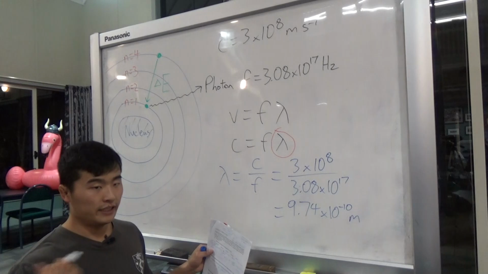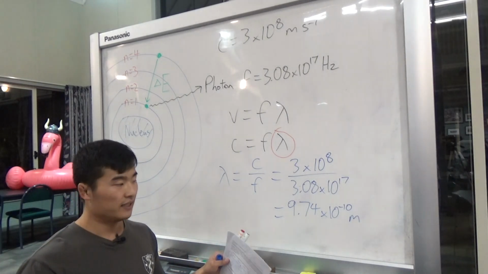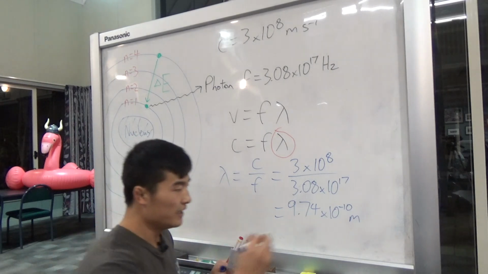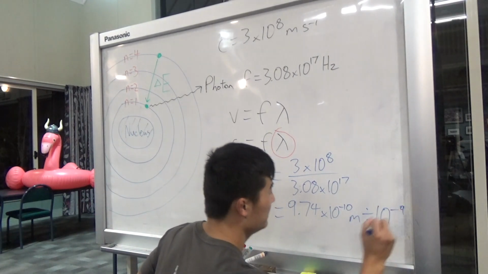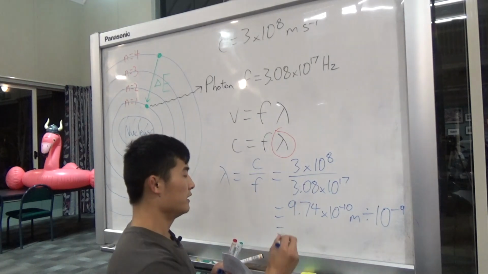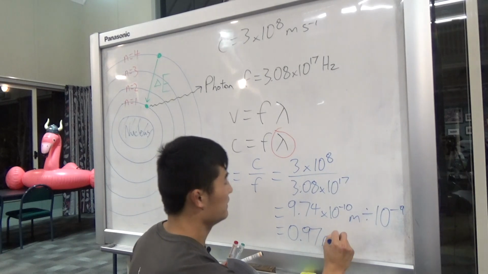Then, to turn that into nanometers, you have to divide by 10 to the negative 9, and that will turn it into 0.97 nanometers.